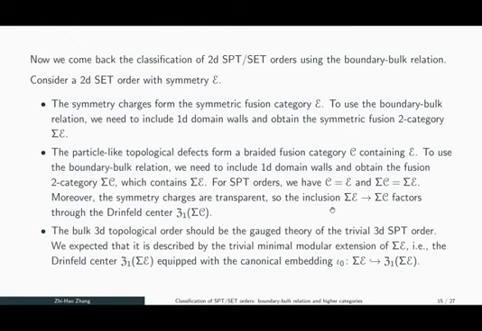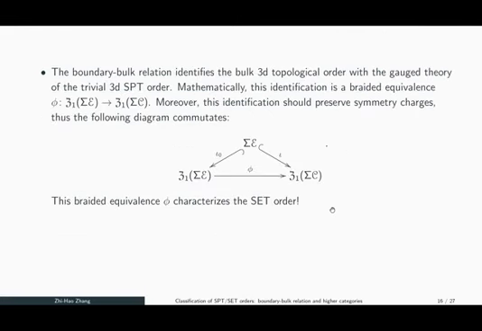Okay, then the bulk of this 2D SPT order is the trivial 3D SPT order, but now we just gauge it. So it should be described by the trivial minimal modular extension of sigma E, which is given by the Drinfeld center and equipped with this canonical embedding from sigma E to its Drinfeld center. Then, by the boundary bulk correspondence, we must identify the bulk 3D topological order with the gauge theory of the trivial 3D SPT order.